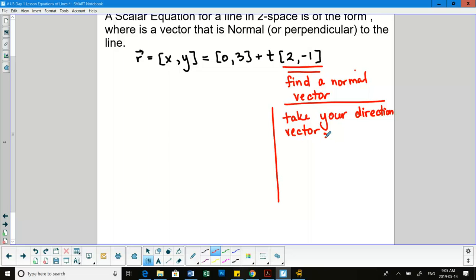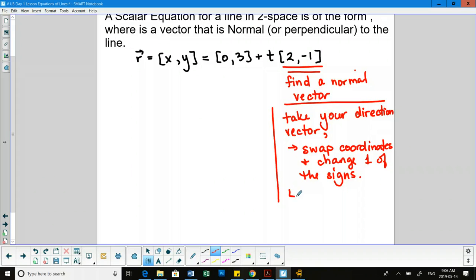But the quickest way is to actually swap and change just one of the signs. So you're going to swap the x and y coordinates.